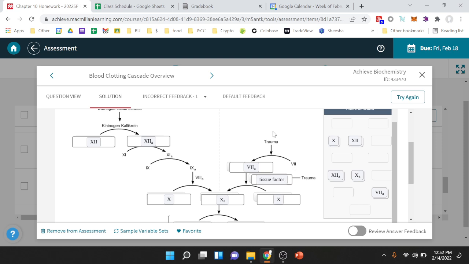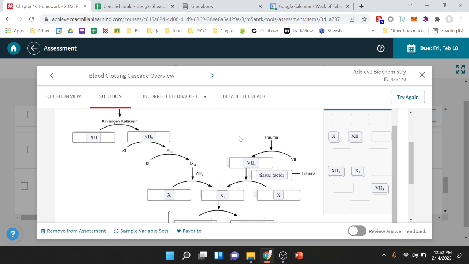But we also get a trauma activating 7. Okay? So we get 7 activated. 7 will activate 10. Okay? I know, right? Isn't that wonderful?